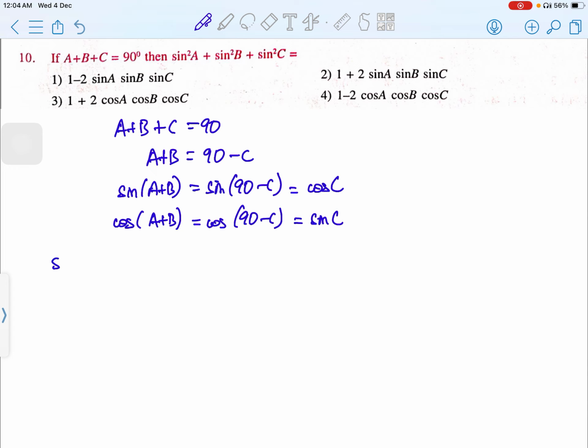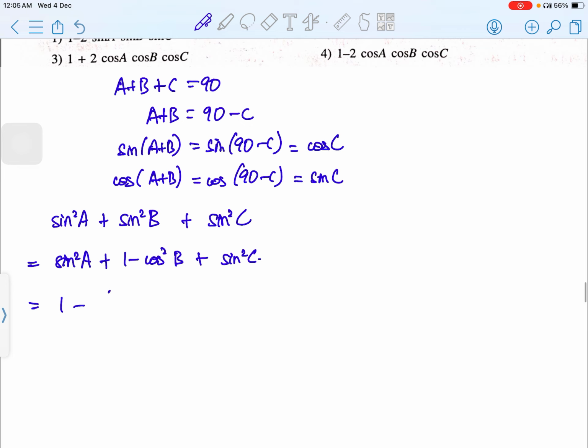So we'll apply the formula now. First one, when we begin, sin square A plus sin square B plus sin square C. We'll take any two and apply the formula. But both of them are sin square, so let me convert one of them to 1 minus cos square B, plus sin square C. So it is nothing but 1 minus cos square B minus sin square A, since I took the minus sign outside.